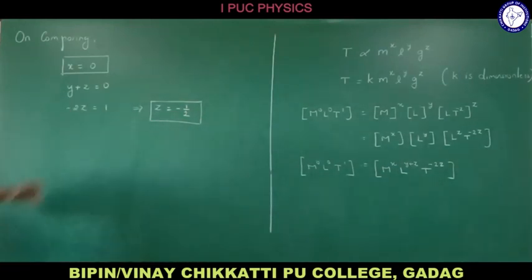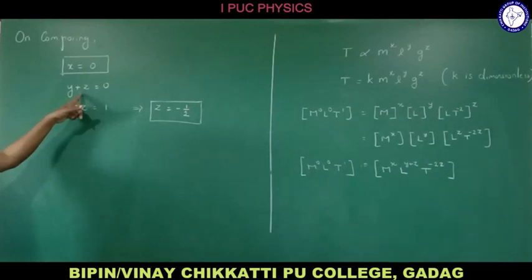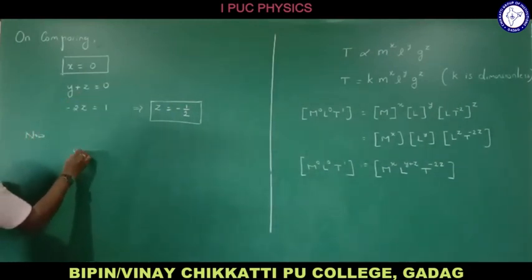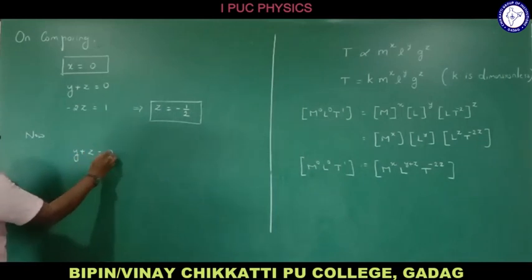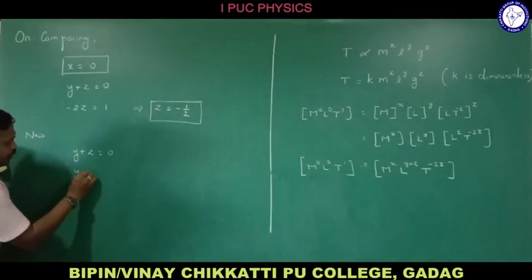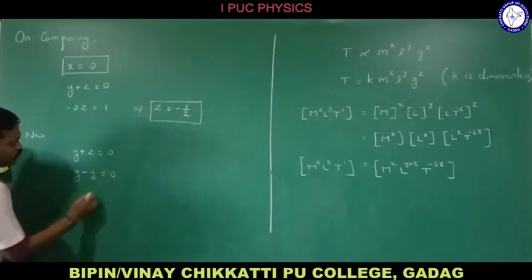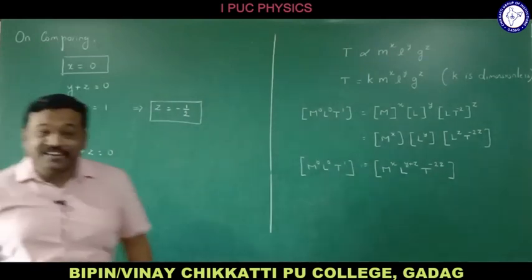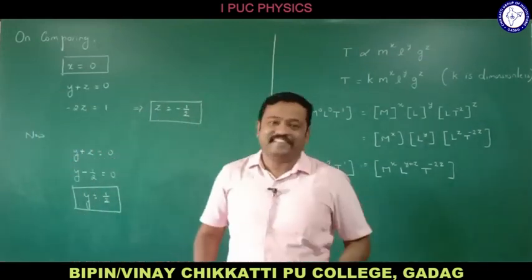So what we want now here is y. We get y by using the second equation, y plus z is equal to 0. We know the value of z is minus 1 by 2, so y minus 1 by 2 is equal to 0. What is y equal to? If you go that side, you will get 1 by 2, right? Now we got values of x, y, z, right?